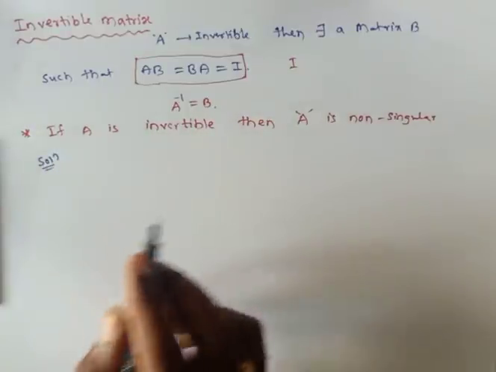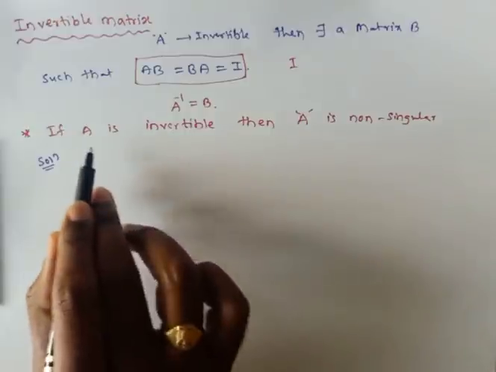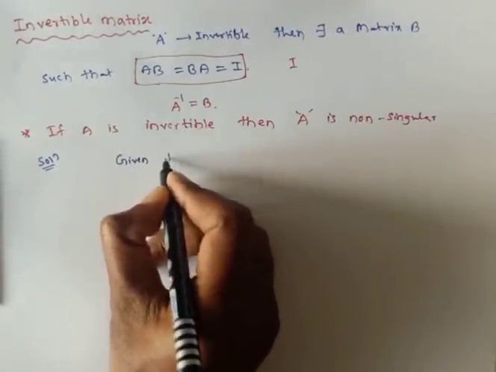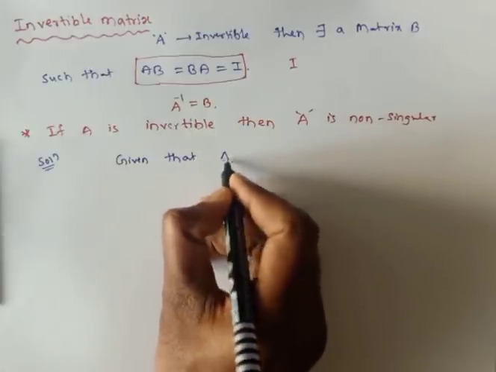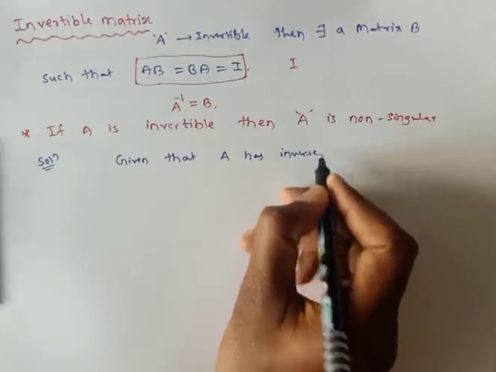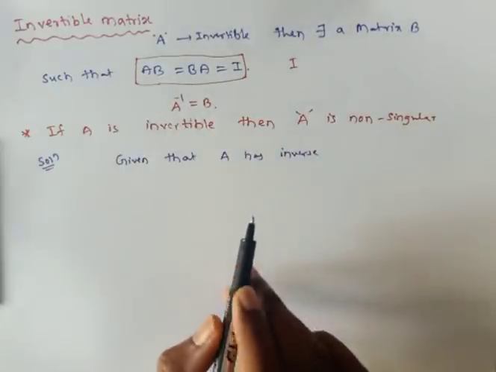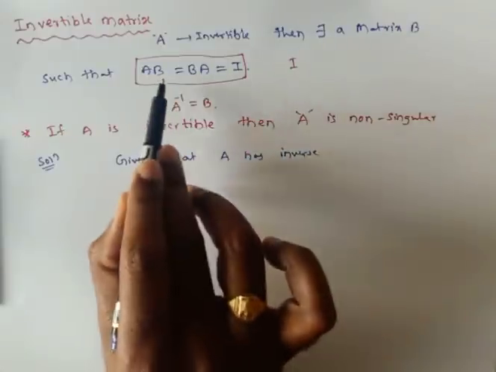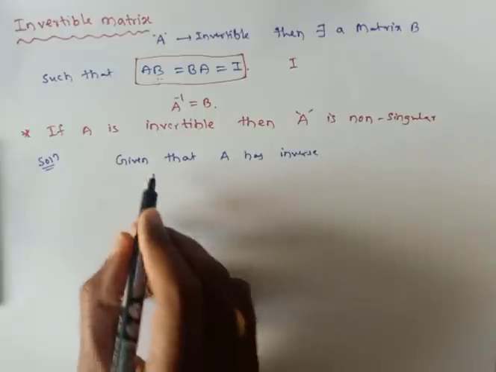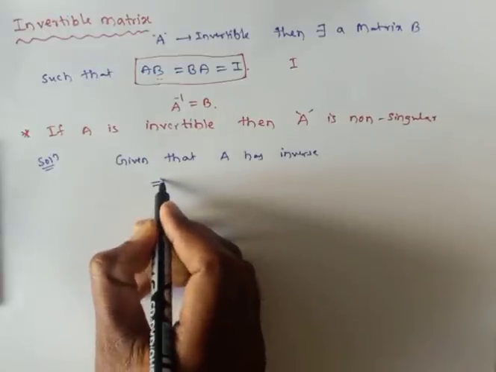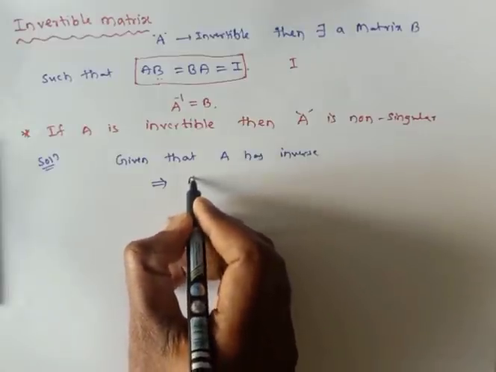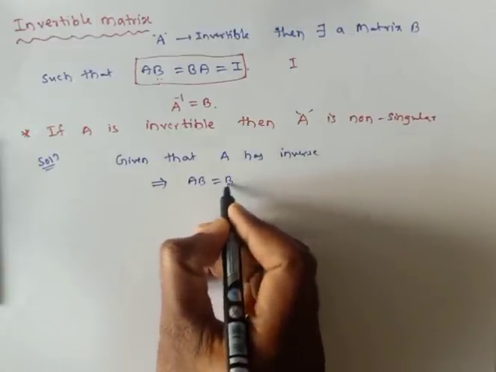See, by the definition of an invertible matrix, given that A is invertible, given that A has an inverse, then there exists a matrix B such that AB equals BA equals I. So here A has an inverse, so compulsorily there exists a corresponding matrix B such that AB equals BA equals I, right?